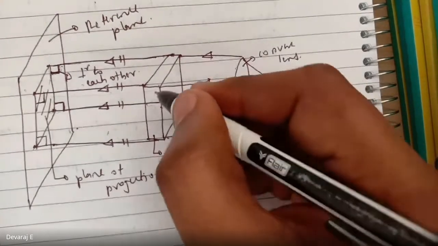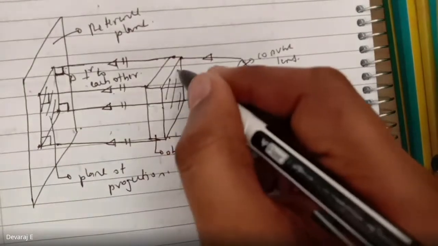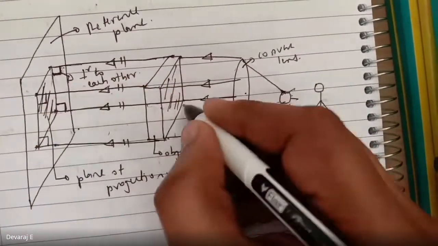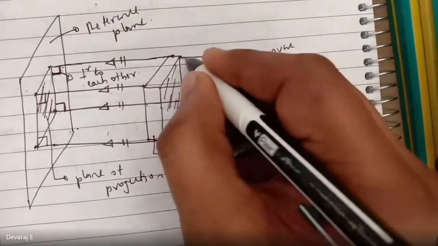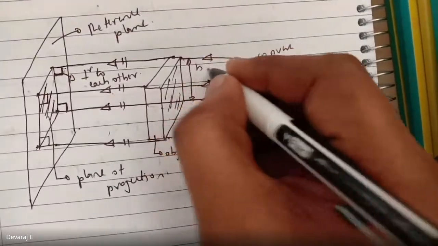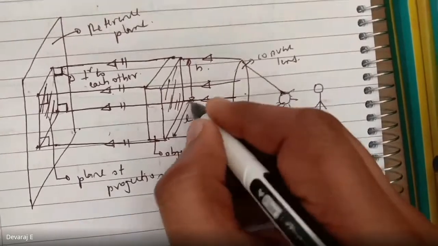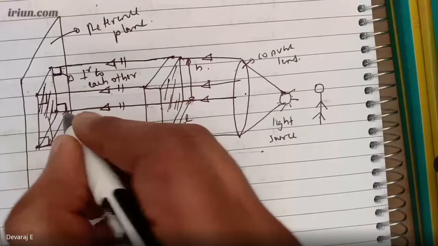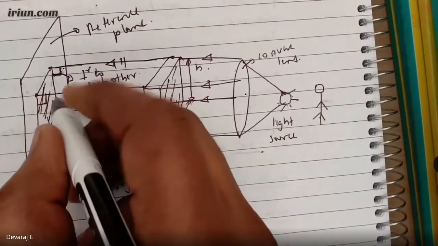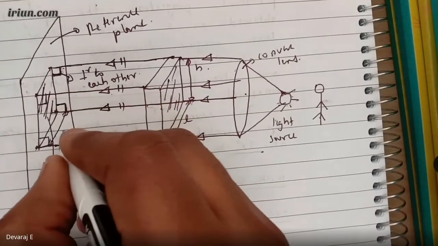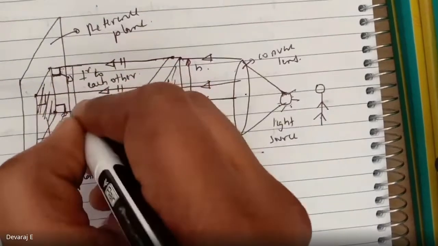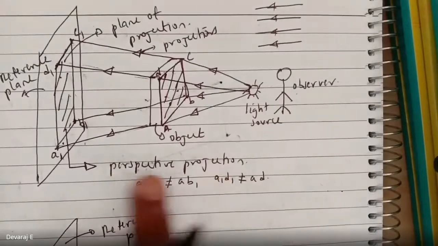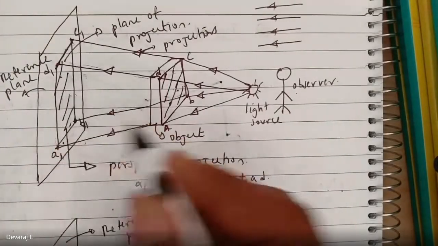Always here you can find the true length. So you'll get the true length, the same length and height. The same length and height you can find in the plane of projection. But when you come to perspective projection, the length and height vary.